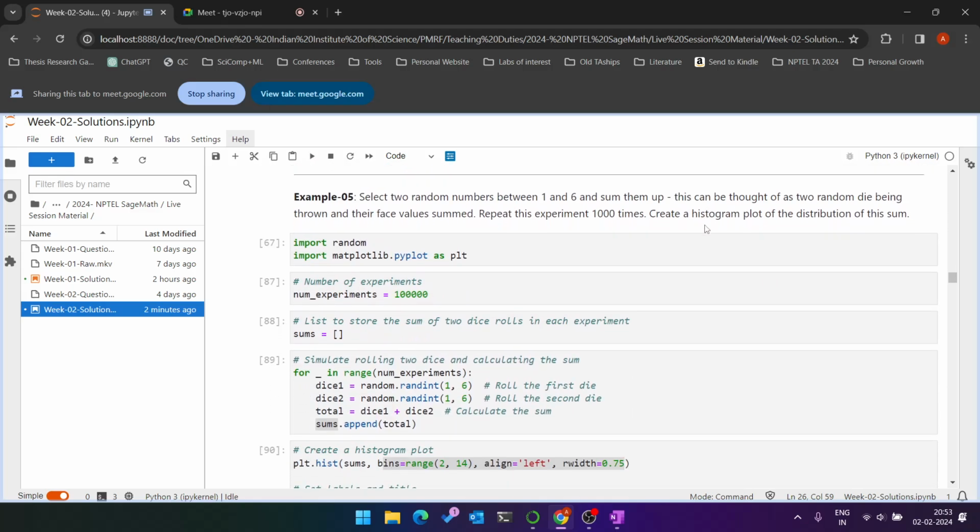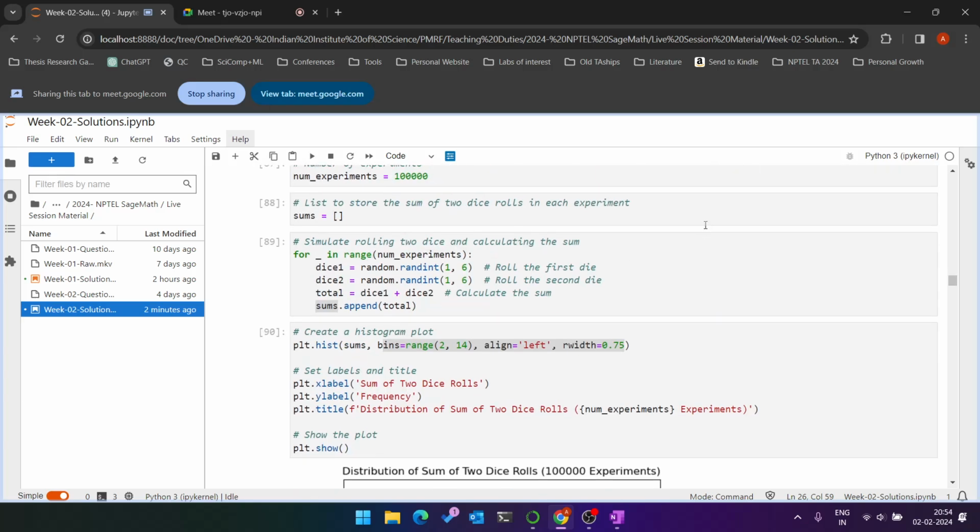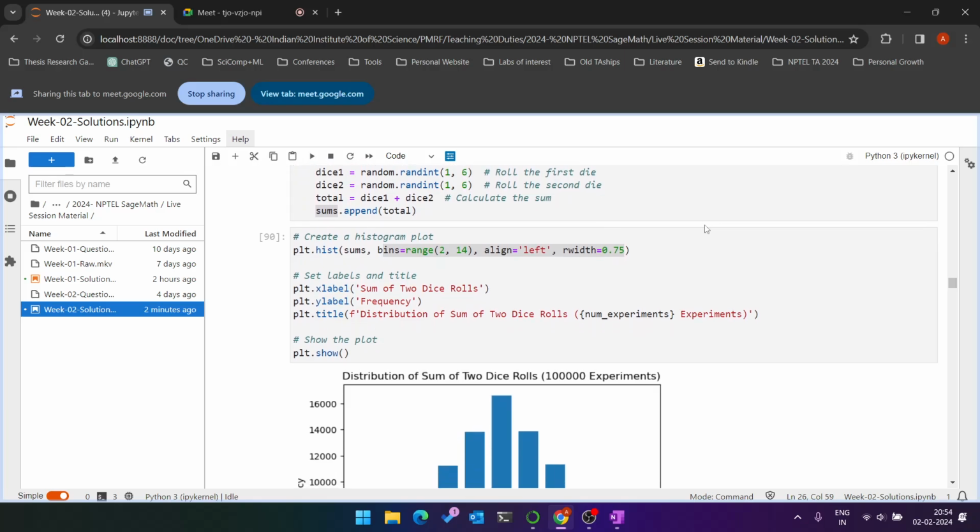Then the histogram plot, which was again mentioned in the class. How do we do that? What are some of the options included with it?